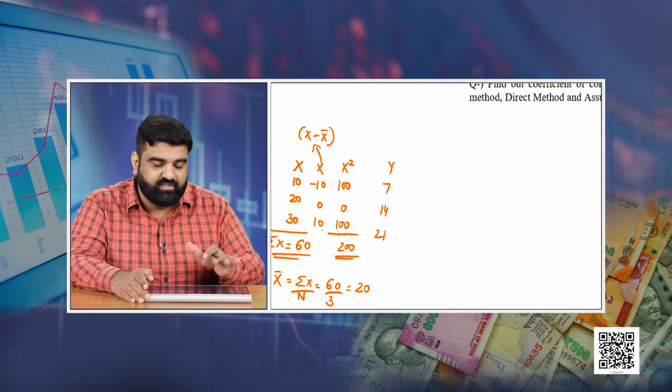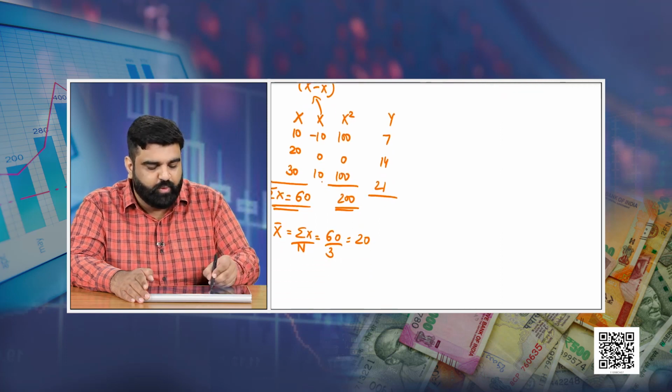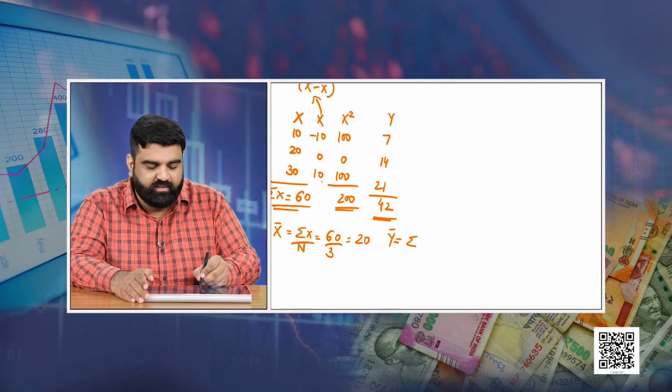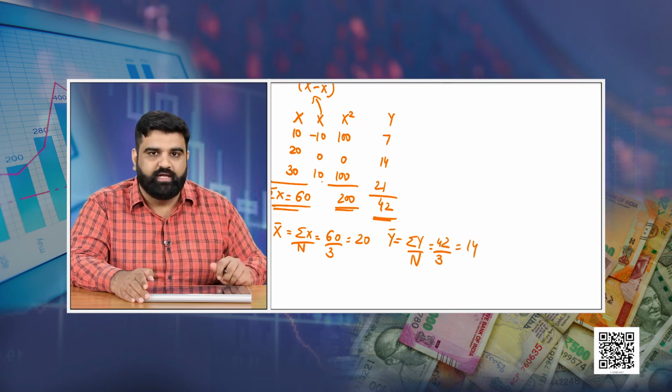Now, let us do the same thing for the variable y. The total for variable y is 42. So, y bar, the mean for the y series, will be sigma y by n, which will be 42 by 3, that is 14.